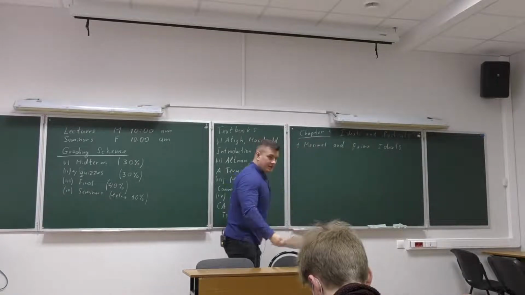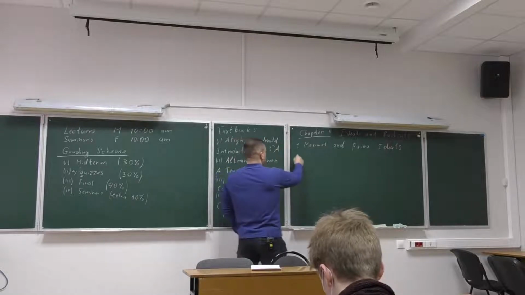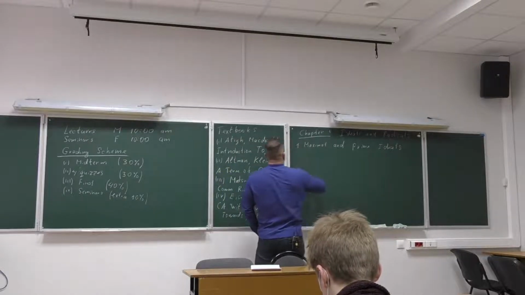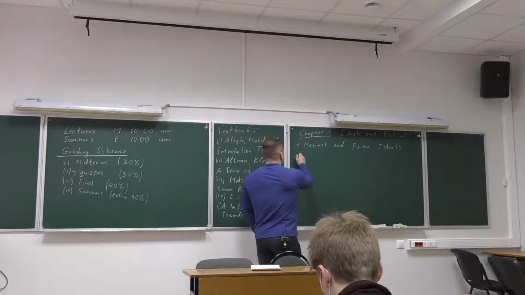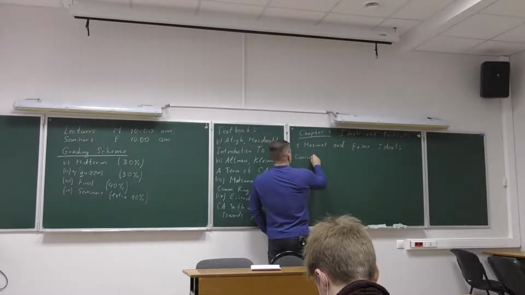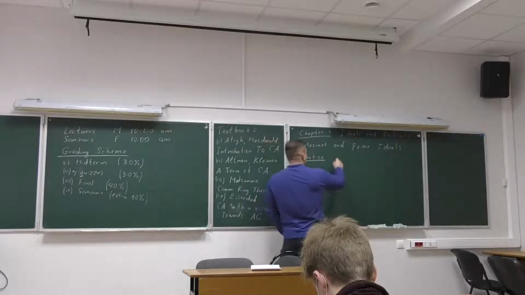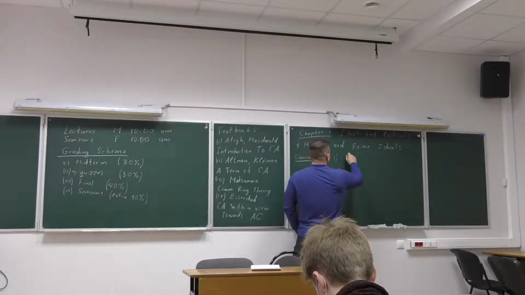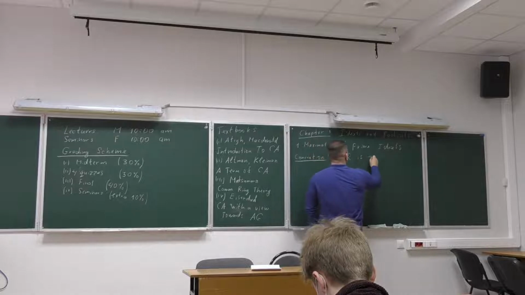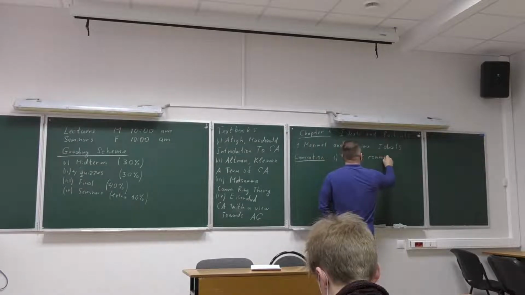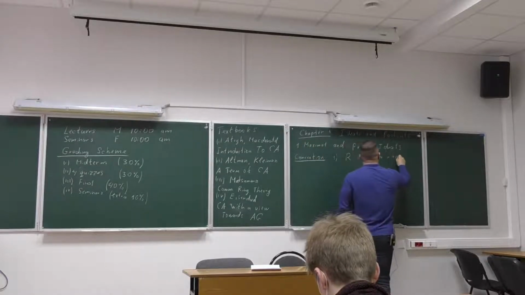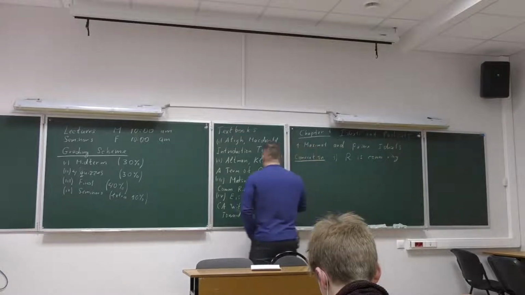So maybe I start with the definitions. Well, maybe before I even do the definitions, I start with the convention. So what we have in this course is the following couple of conventions. So first of all, I'm going to assume that R is of course commutative. So whenever I use ring R, I mean a commutative ring.